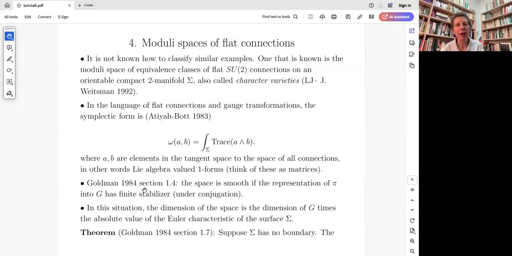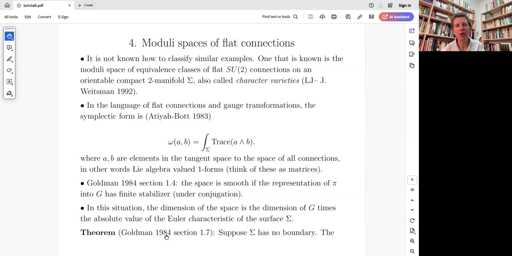Goldman in 1984 showed that this space, the character variety, is smooth if the representation of the fundamental group has finite stabilizer under conjugation. In this situation, when the representation has finite stabilizer, the dimension of the space is the dimension of the group times half the absolute value of the Euler characteristic of the surface.